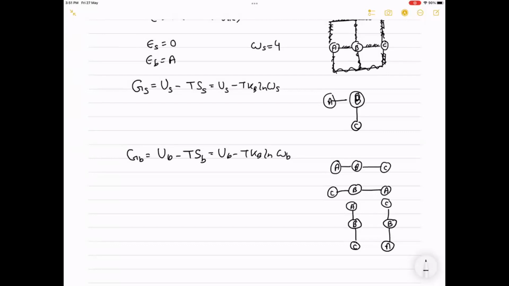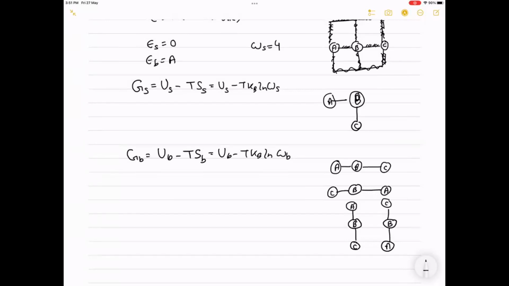Yes, Dhruv, please go ahead. 8 configurations. There will be a total of 8 possible configurations. I will show you shortly how we get 8 configurations. Okay, that's very good.